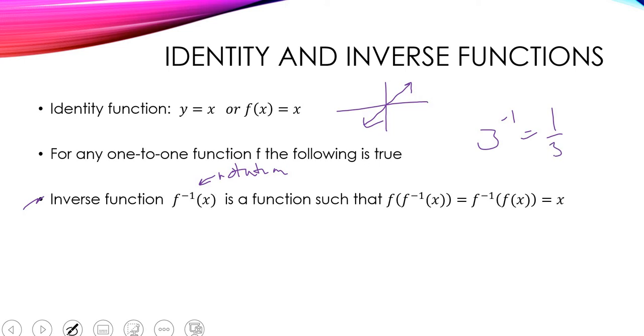This does not mean reciprocal. When this negative 1 is used within a function notation, it means the inverse function. It is a function so that the composite of f with its inverse, or the composite of the inverse with the original function, will always equal x.